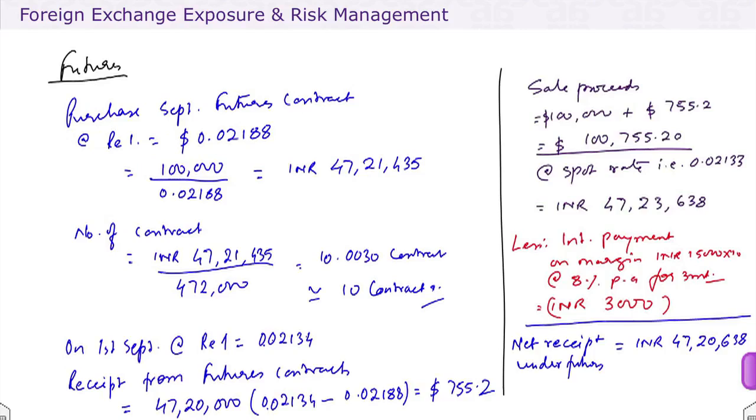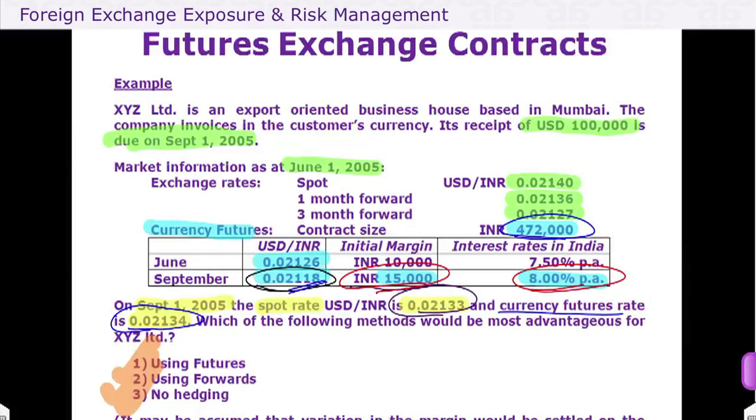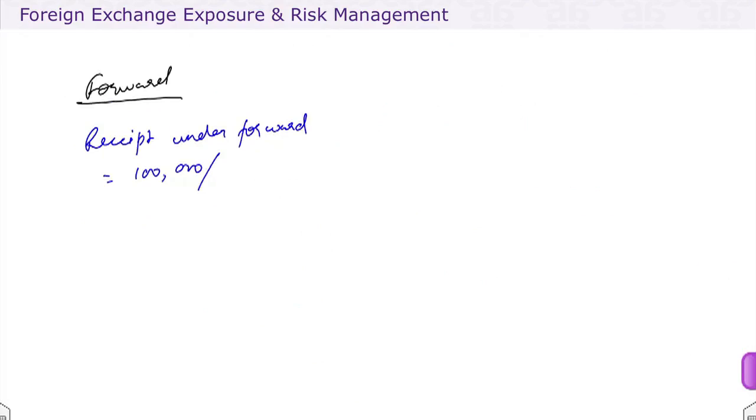If you see in the problem, the 3 months forward rate given is 2127. So at this rate you will be entering into a forward contract, so it is 0.02127, and if we solve this, it comes to rupees, since the rate is obligatory in this case, 47 lakh 1,457.